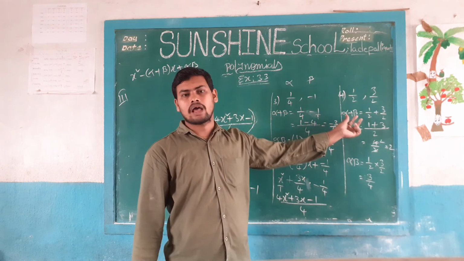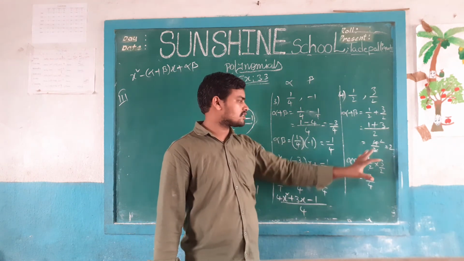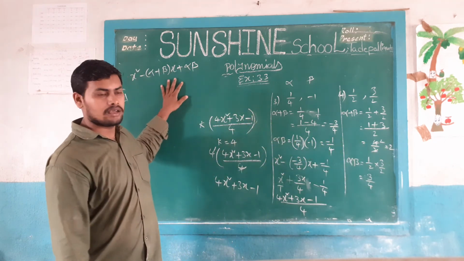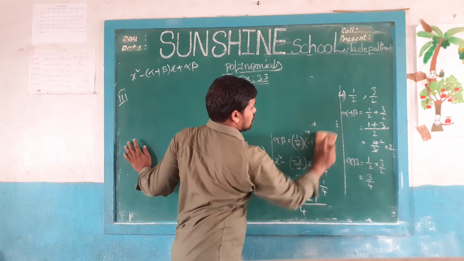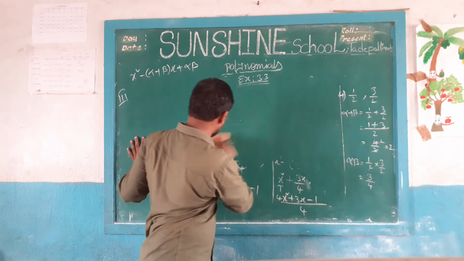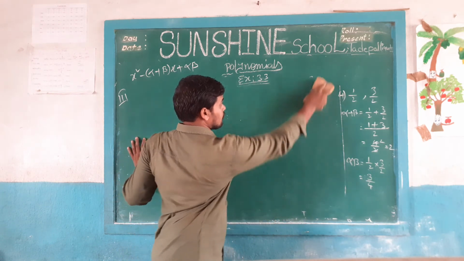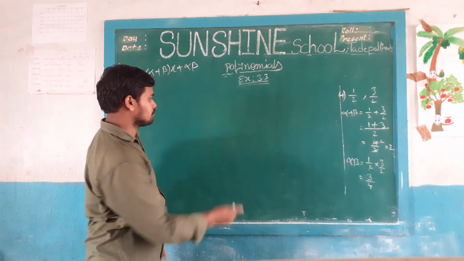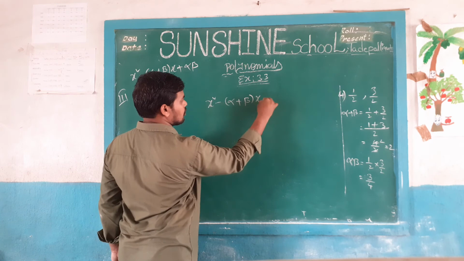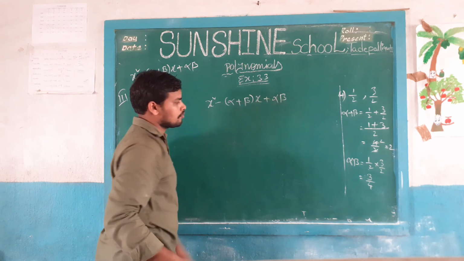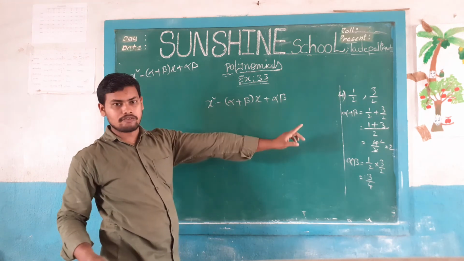So we get alpha plus beta and alpha beta. Substitute these two values in the given formula. Is this okay? One x square minus, so what is the value of alpha plus beta?